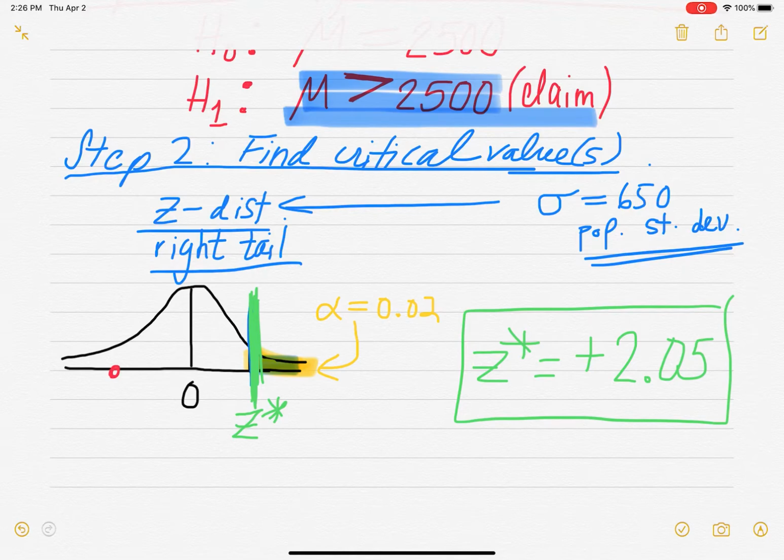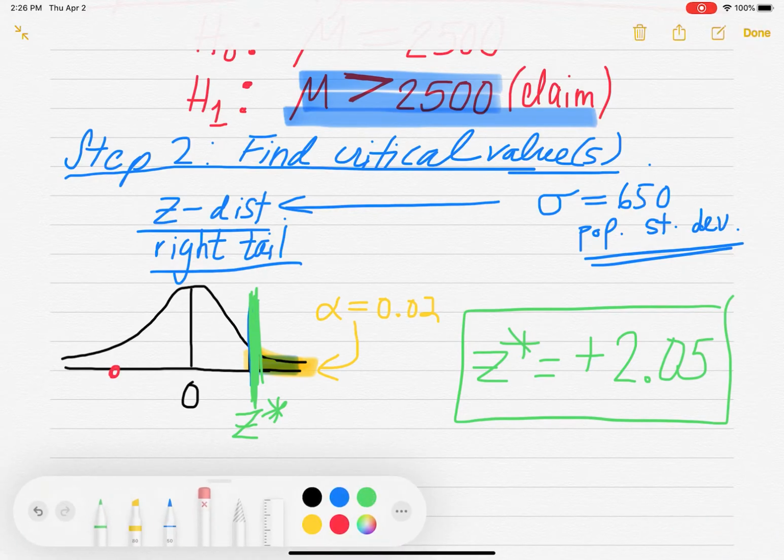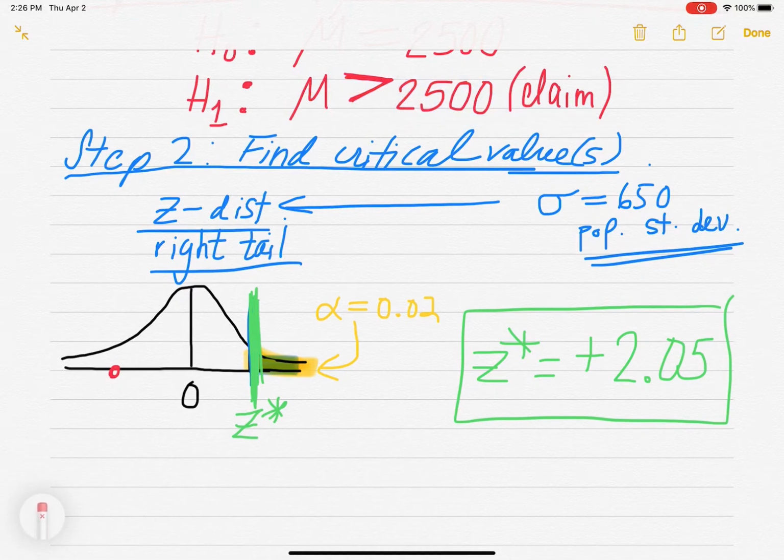All right, so step 1 is done. We got the null and alternative hypothesis. Step 2 is done. We have the Z critical value, Z upper star in this case.